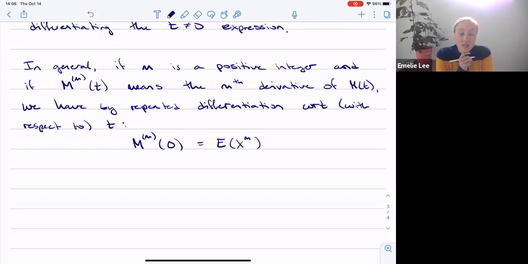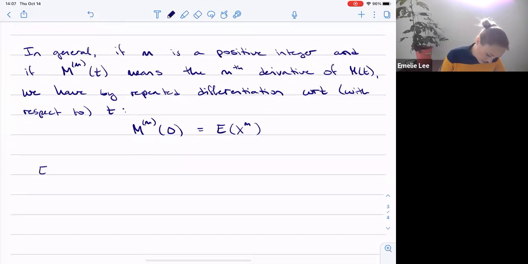Remember, E of X is the first moment, which means we take the first derivative of the moment generating function and evaluate it at 0 to find the expected value of X. The variance uses the second moment as well as the first moment. If we want the second moment, the expected value of X squared, then we have to take the second derivative of the moment generating function and evaluate it at 0. Okay.